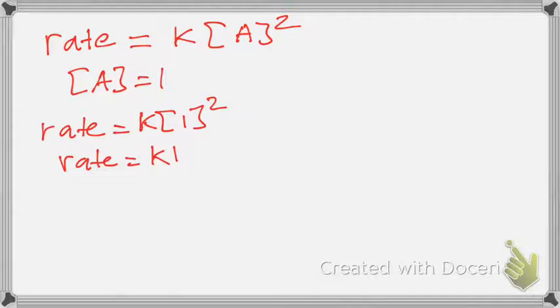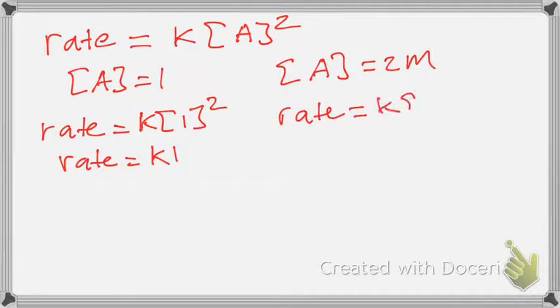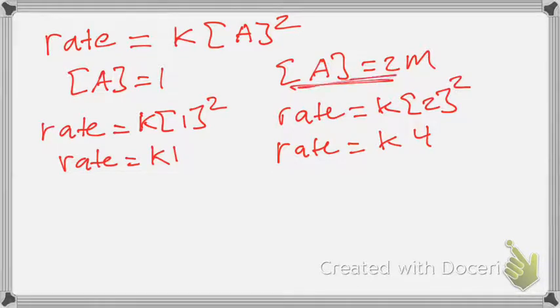But what if I double the concentration to 2 molar? We plug that into our rate expression, K times 2 squared. Therefore, the rate must be 4 times K. So if I double the concentration, I should quadruple the rate of the reaction. It should go up by 4 times.